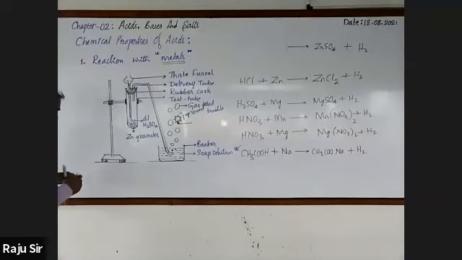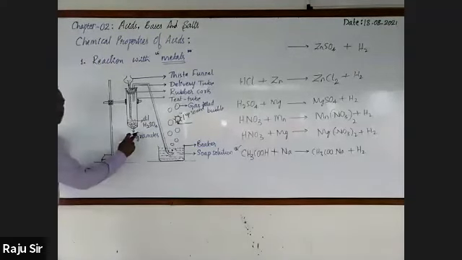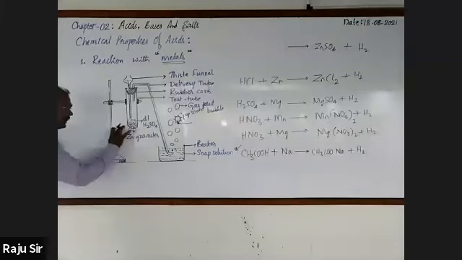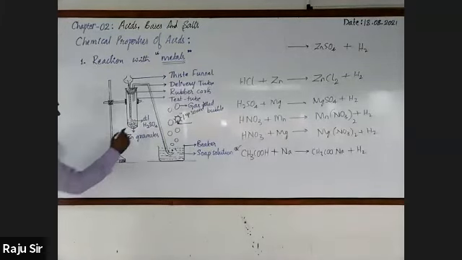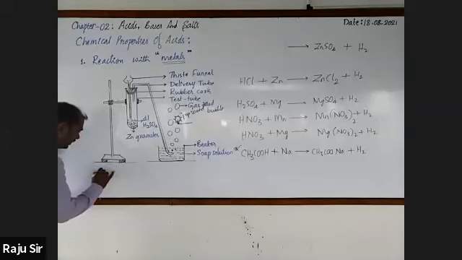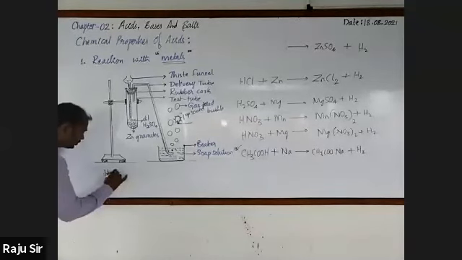So we observe that when acid reacts with a metal, it produces salt and hydrogen gas. Now the chemical reaction. We have taken dilute H2SO4.